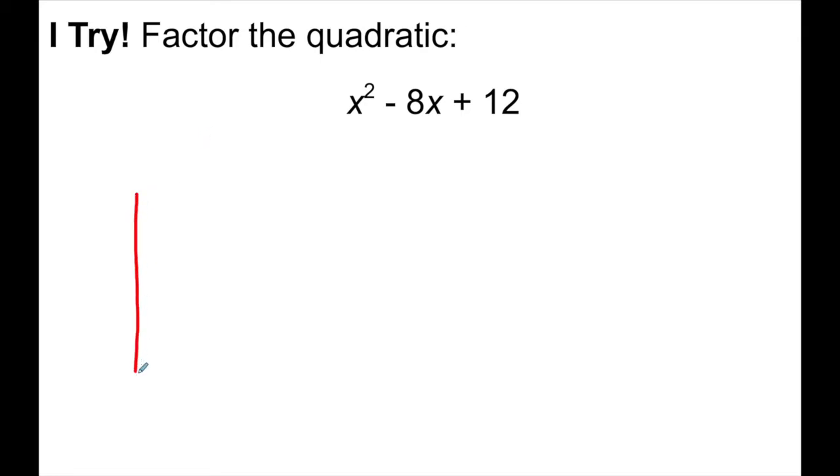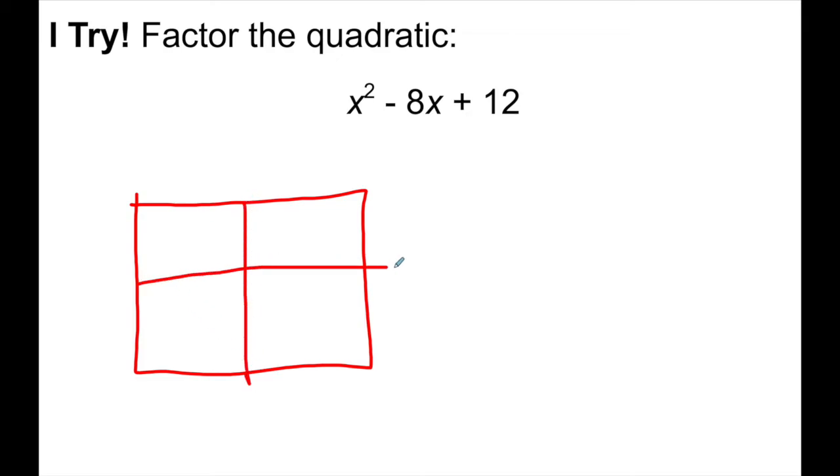So again, I know that if I was going to make a box, I'm asking myself, when I'm factoring, what had to go on the top and the left so that when I multiplied and did this all out on the inside and combined like terms and simplified, what I got was x squared minus 8x plus 12. The first thing I know is that my x squared is going to be right here.